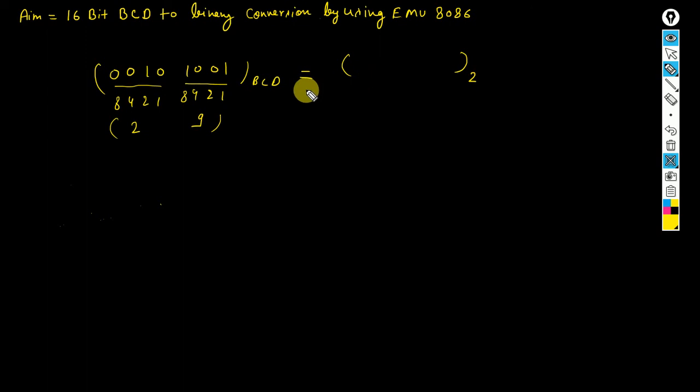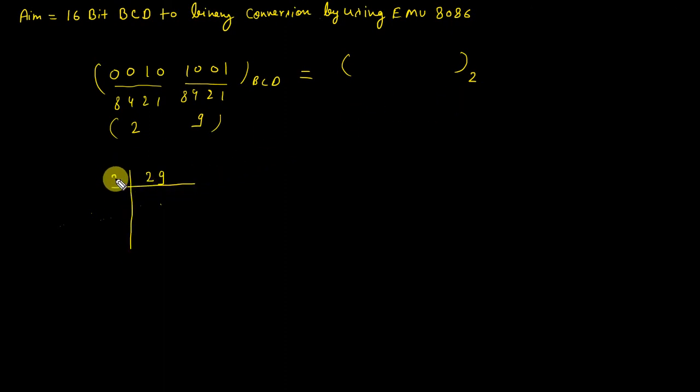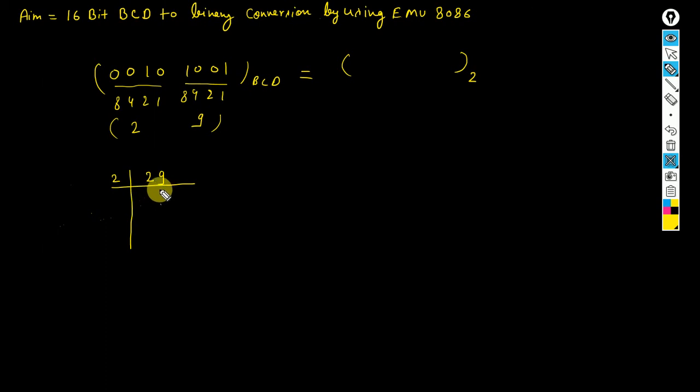The next step: suppose we convert this number into a binary number. So write down 29 and divide by its base value, 2. 2 times 14 is 28, and the remainder is 1.